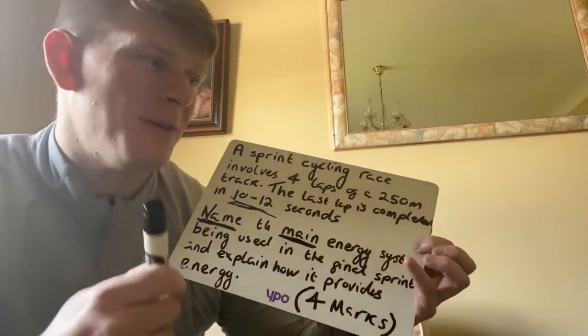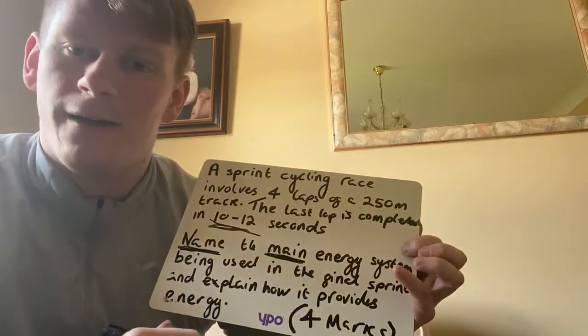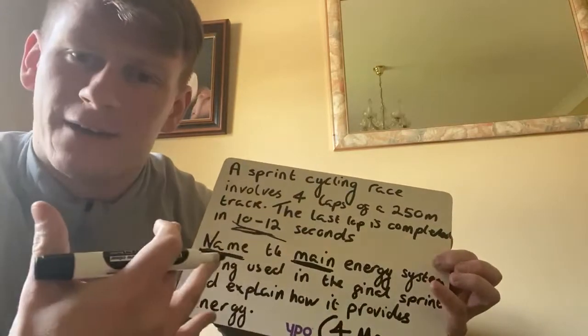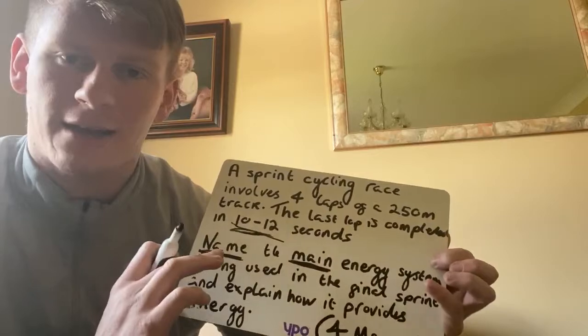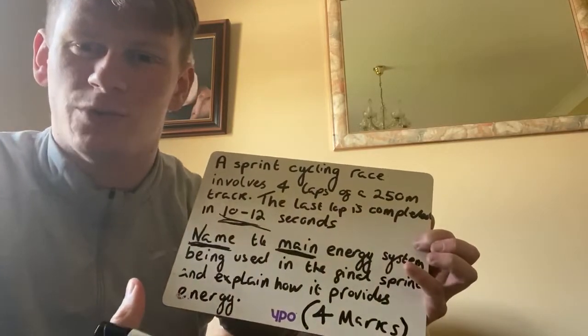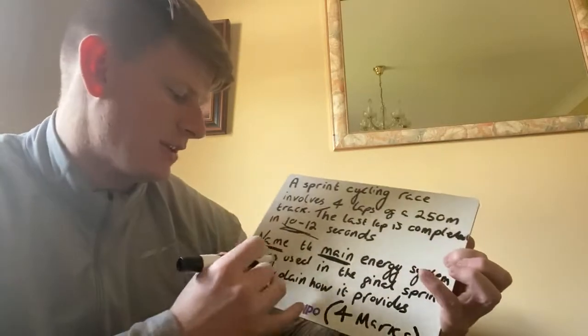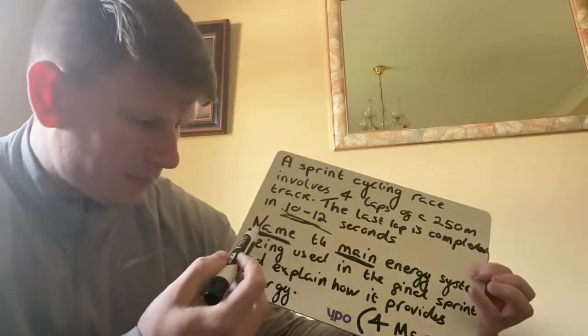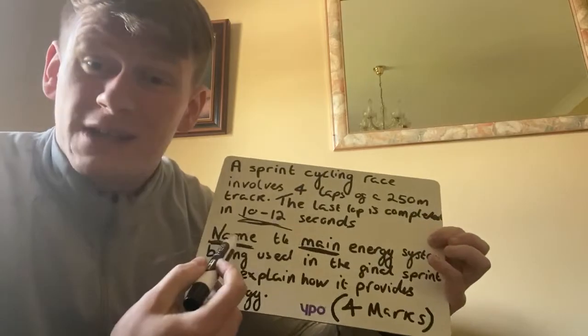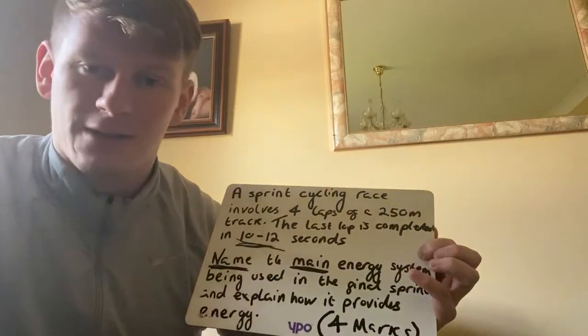The ATP-PC system can provide it for up to 8 seconds of that. Let's say it provides it for the 8 and it's a 12-second lap. It would still be the majority because another energy system would only have to provide energy for 4 seconds. So we would firstly say the majority of energy is provided by the ATP-PC system.